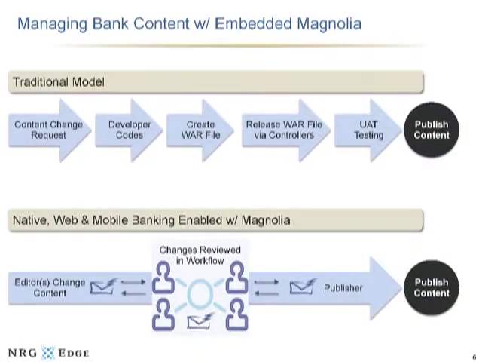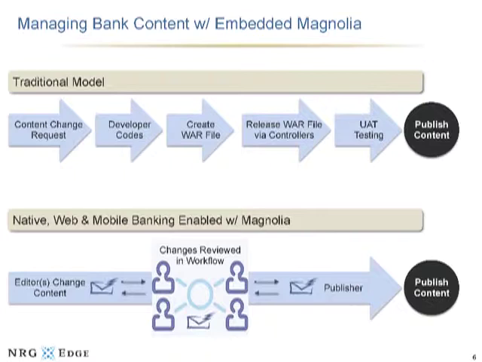Okay, so one of the big things that Magnolia allows us to do is that banks and financial institutions in general are a very traditional type of industry that follows a typical waterfall method and so on. And when you do have to make a change, it's usually a programmer makes a change, then it gets approved.